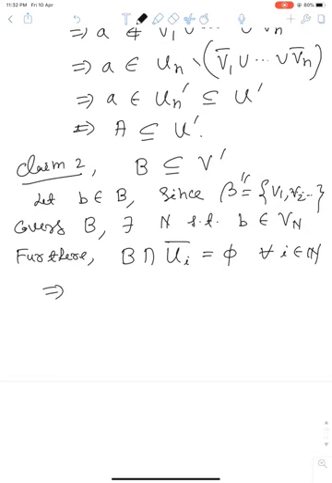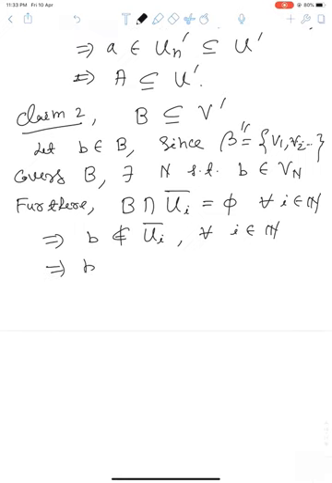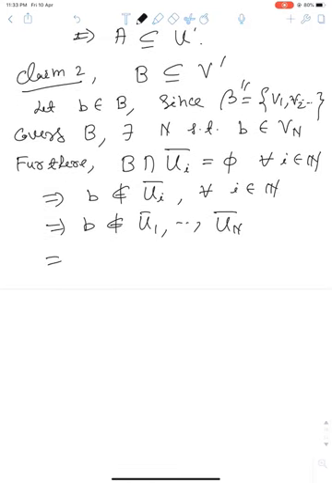Now that will imply b does not belong to that ui closure for all i. That will imply b does not belong to u1 closure up to UN closure, right? Now that will imply b does not belong to the union as well.